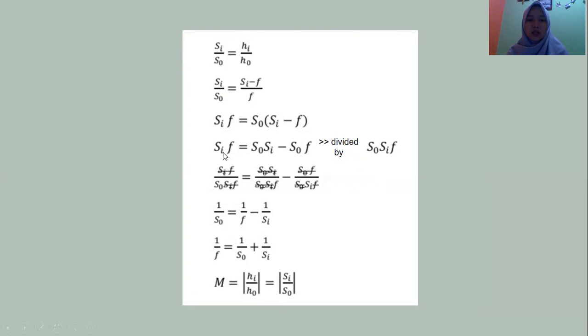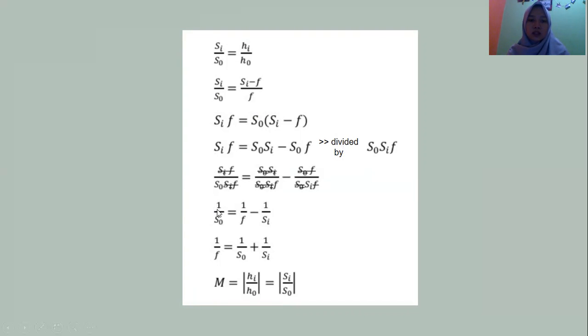SI times F equals SO times SI minus SO times F. Then divide by SO times SI times F, so we can cancel the similar terms.